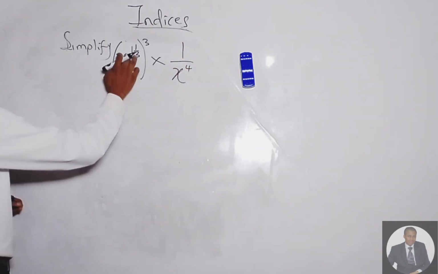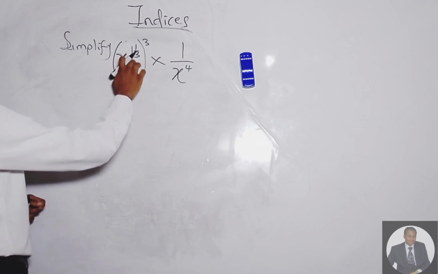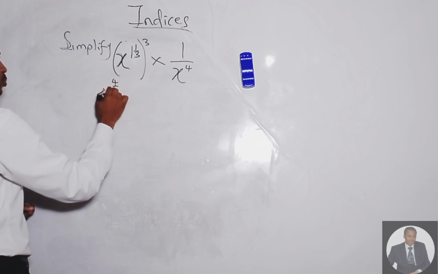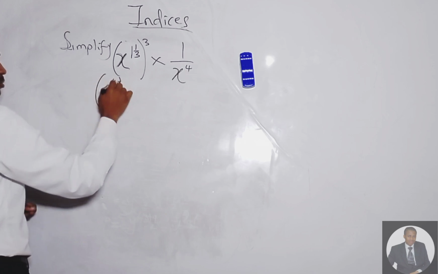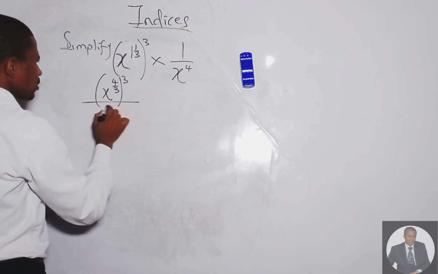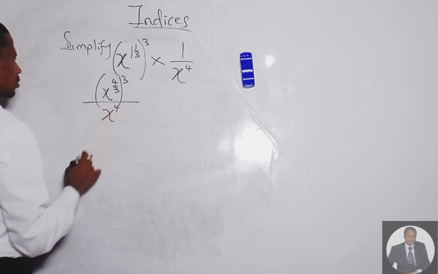How do we do something like this? Let's turn this mixed fraction to an improper fraction. 3 times 1, 3 plus 1, 4. That will be x 4 over 3 raised to the power 3, and then cube root, over x raised to the power 4.